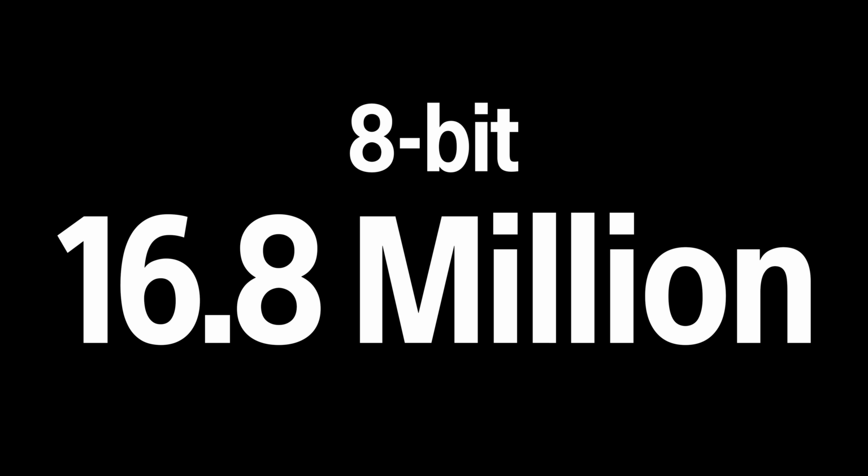Now let me just explain something about colour space that will make total sense. An 8-bit image, regardless of the colour space it is in, contains 16.8 million red, green and blue values. 256 shades of red, 256 shades of green and 256 shades of blue. 256 multiplied by 256 multiplied by 256 gives 16.8 million red, green and blue values.